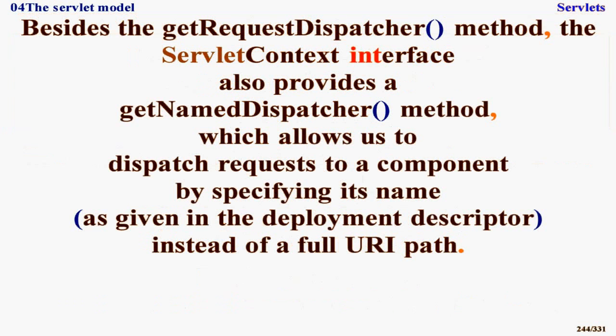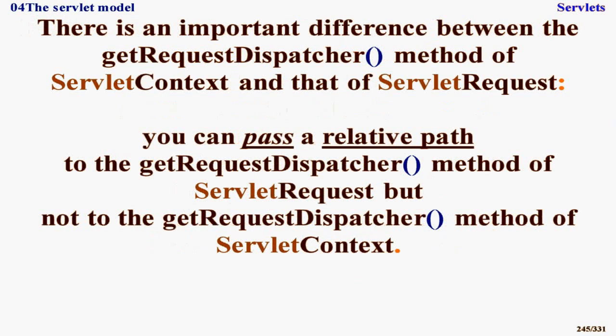Besides the getRequestDispatcher method, the ServletContext interface also provides a getNamedDispatcher method, which allows us to dispatch requests to a component by specifying its name as given in the deployment descriptor instead of a full URI path. There is an important difference between the getRequestDispatcher method of ServletContext and that of ServletRequest. You can pass a relative path to the getRequestDispatcher method of ServletRequest but not to the getRequestDispatcher method of ServletContext.